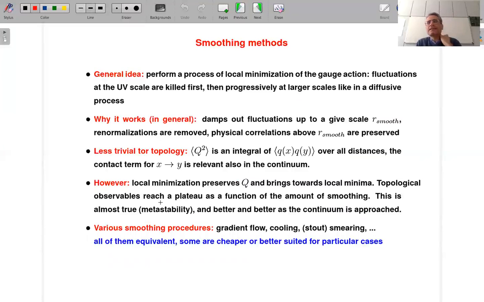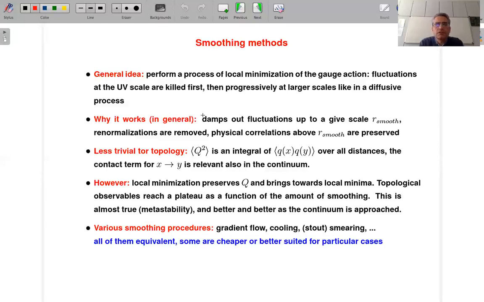Now, an alternative way of defining the topological background is to make use of smoothing methods. So what is the general idea of a smoothing method? The idea is to perform a process of local minimization of the gauge action. In this process of local minimization, the fluctuations at the ultraviolet scale are killed first, and then progressively, as a diffusive process, you kill the fluctuations on larger and larger scales.